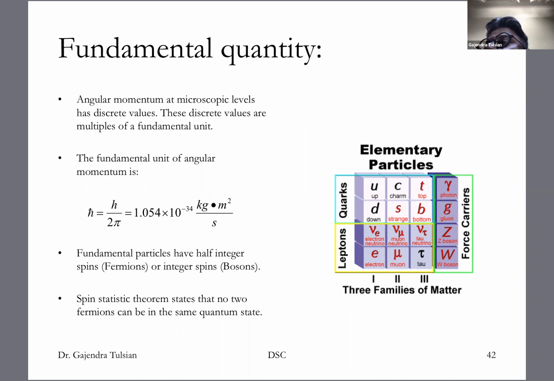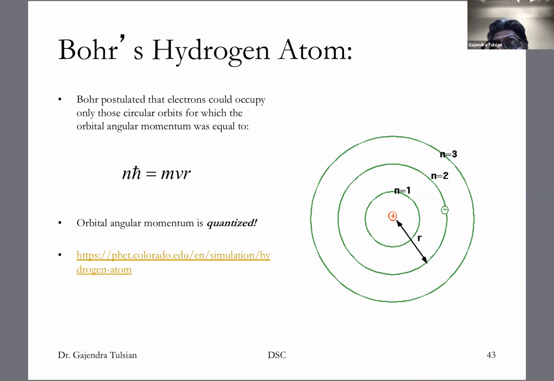Okay. All right, and so here's another example of angular momentum. In an atom, the electrons can only orbit in states where the orbital angular momentum is an integer number times h bar. So the first allowed orbital is 1 times h bar.